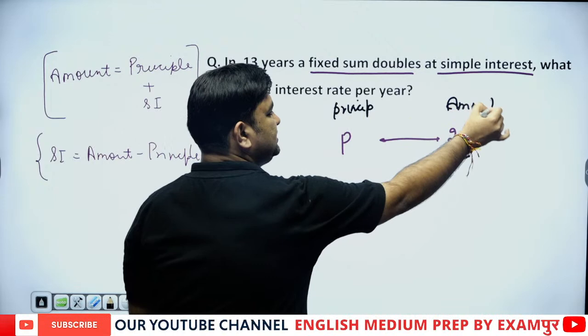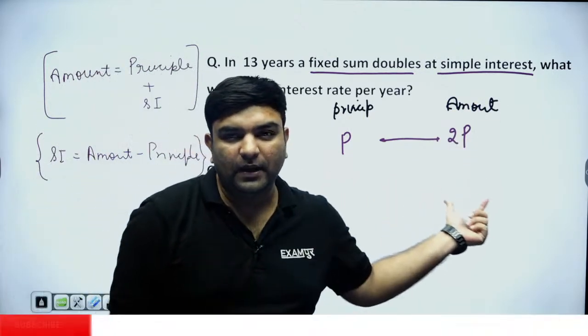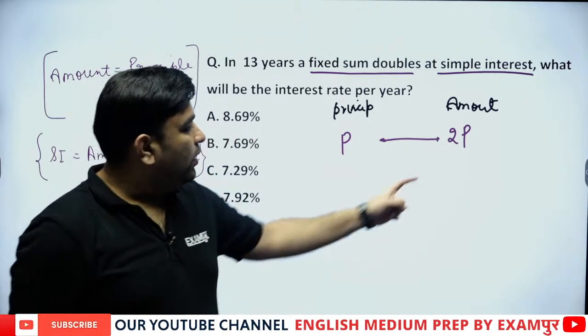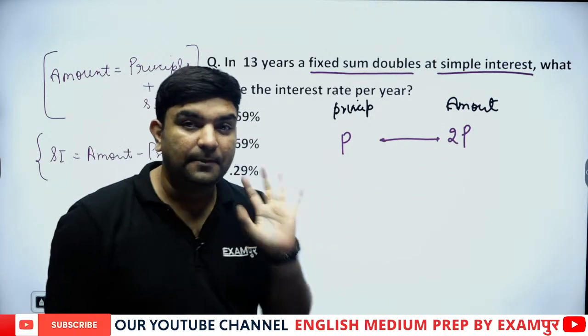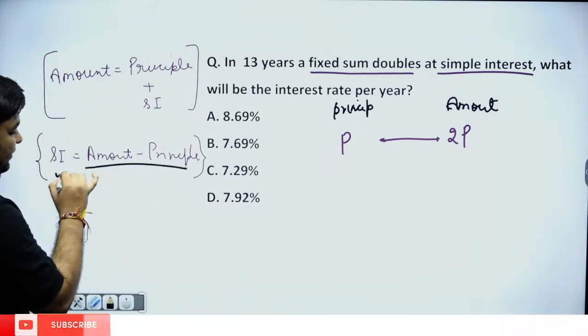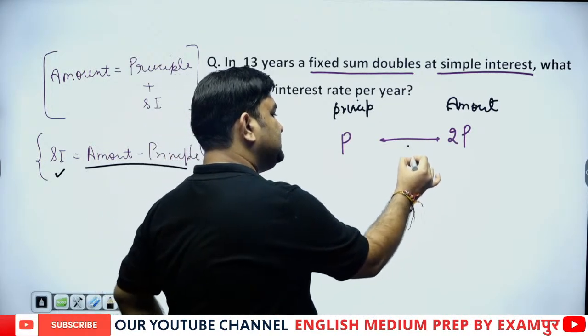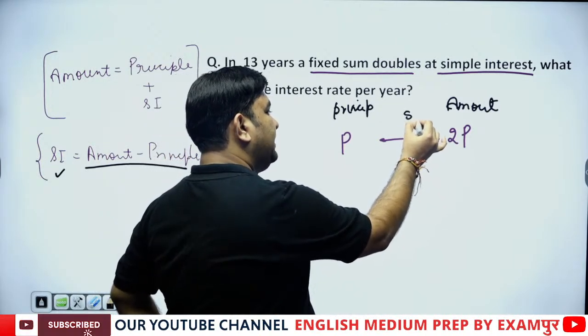From this language, we can very easily tell that a principal of P will become an amount of 2P. Now, amount minus principal is simple interest. So 2P minus P, P is the interest. So P is the SI.